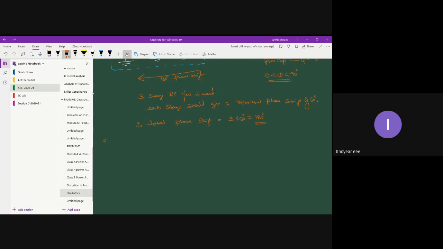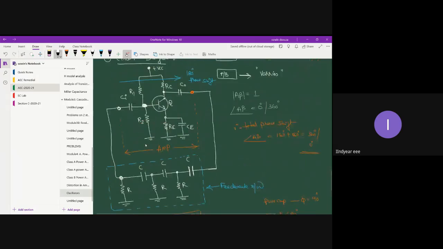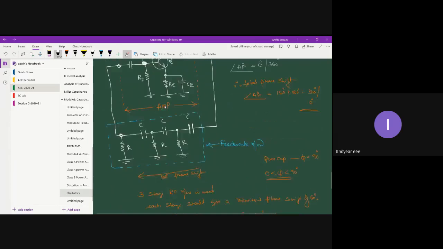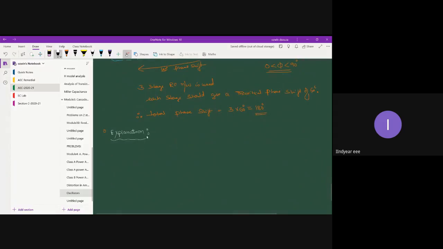Now let me talk about the explanation. So explanation is pretty simple. You have to just explain the various elements. So under explanation, the circuit is consisting of 2 parts. The first part is amplifier.